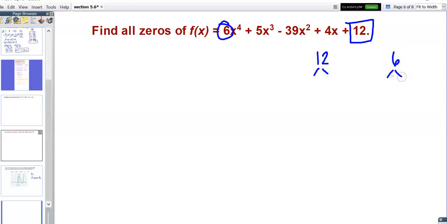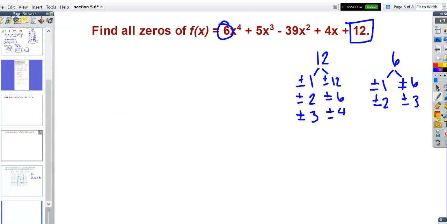But we have all the factors written out. Again, I always like to start with 1 in the denominator, which basically means you just write out the factors of, for us, 12. Could be positive or negative 1, positive or negative 2, 3, 4, or 6, or 12.